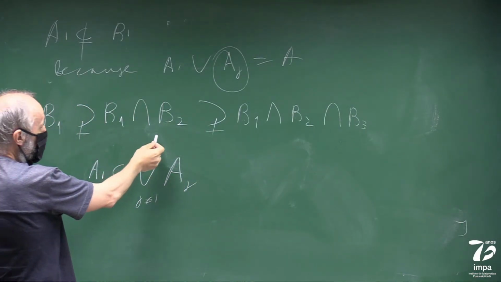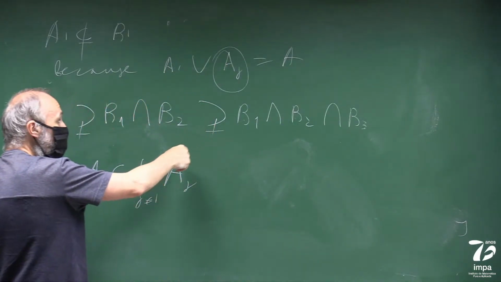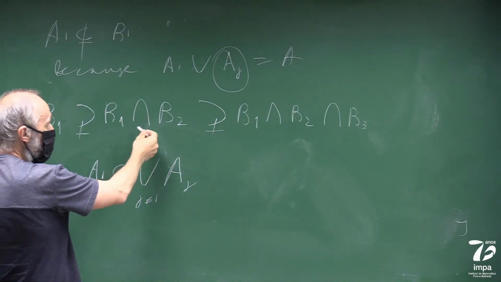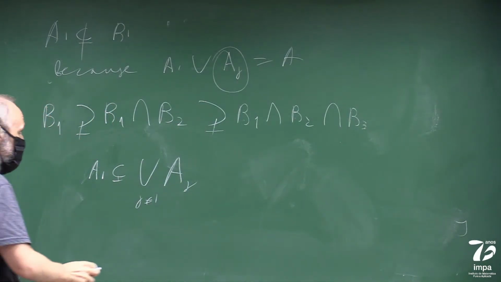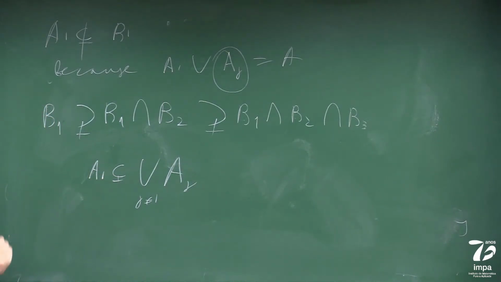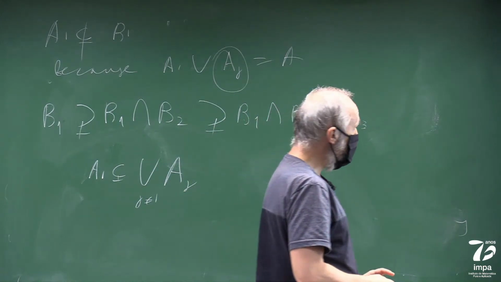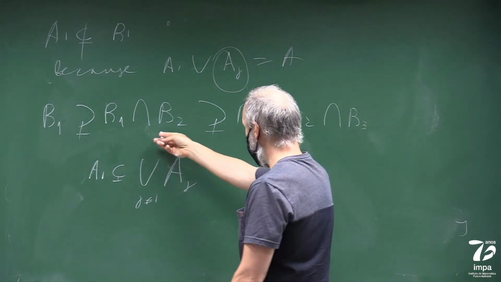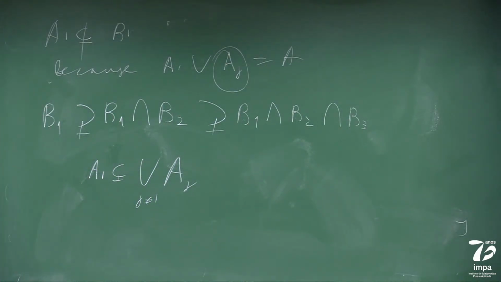Here you take a point in A3 which belongs here but doesn't belong there. And this point ensures that this embedding is strict. And this point exists because of this condition.